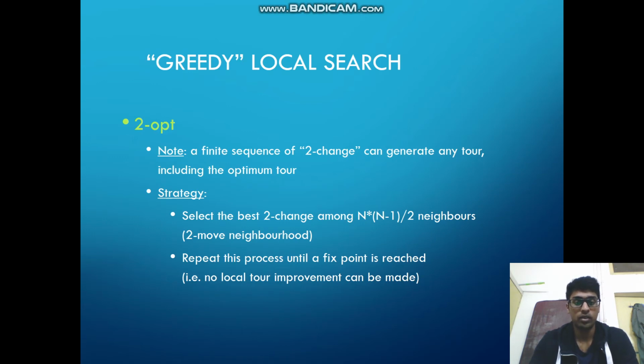So doing two changes, a finite sequence of two changes can generate the optimal tour, but we don't know the length of that sequence.